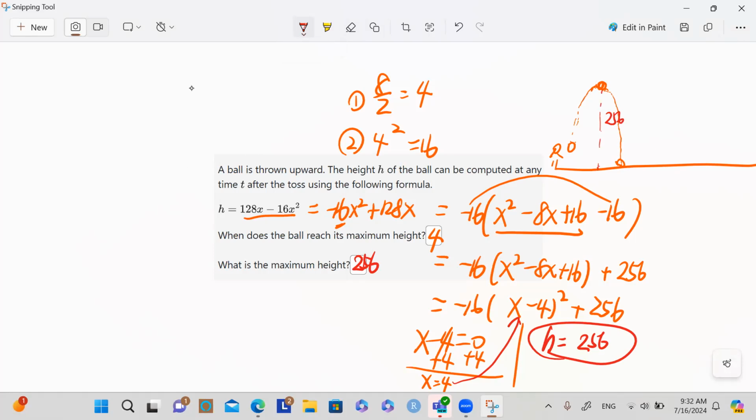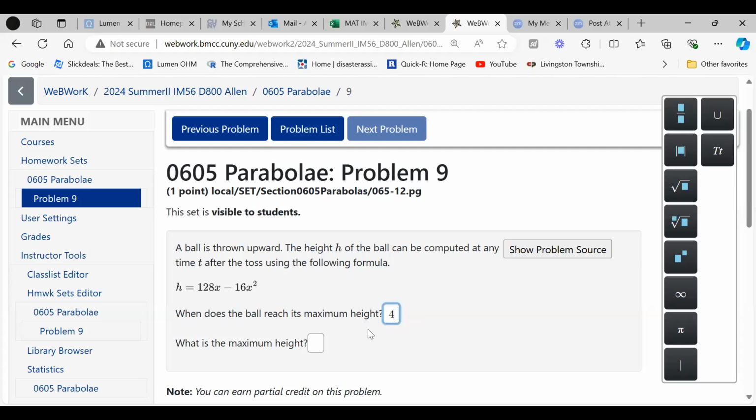Any question about this? So basically we're just utilizing the vertex of the parabola. And this concept is very useful in real life.